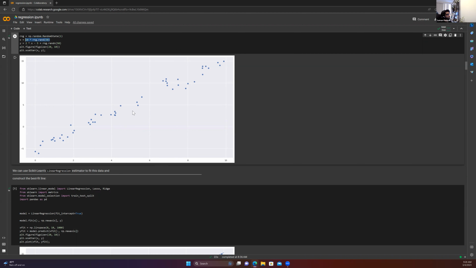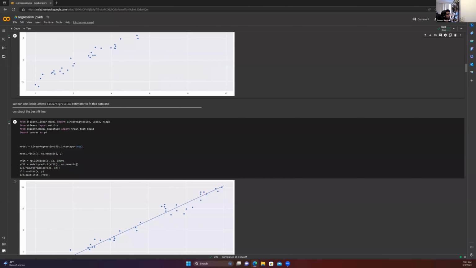But what I want to do next is fit a linear line to all these data points, and I want that line to explain this relationship in the best possible way. So linear regression. How would I do that?